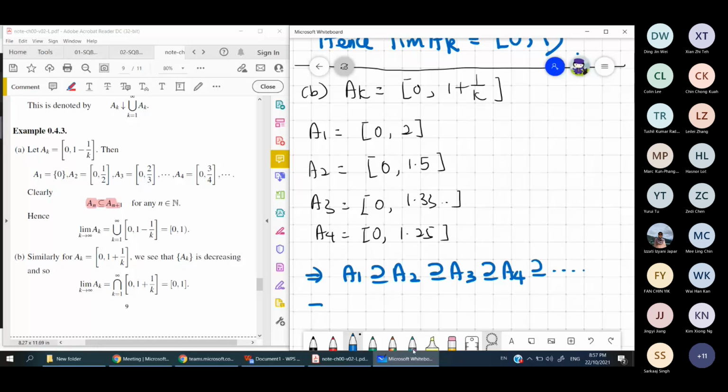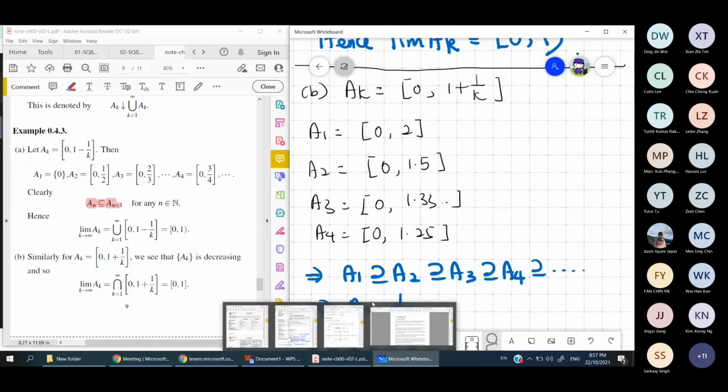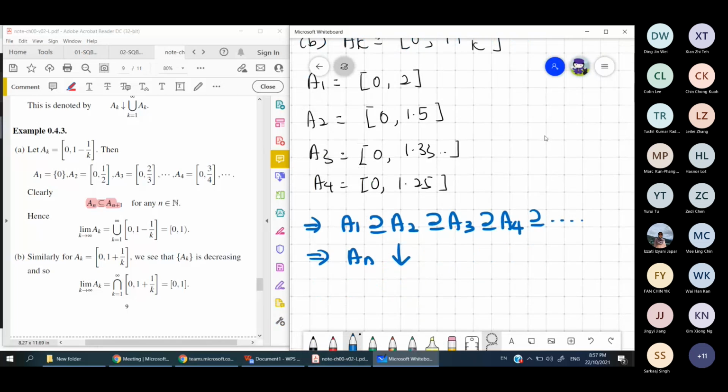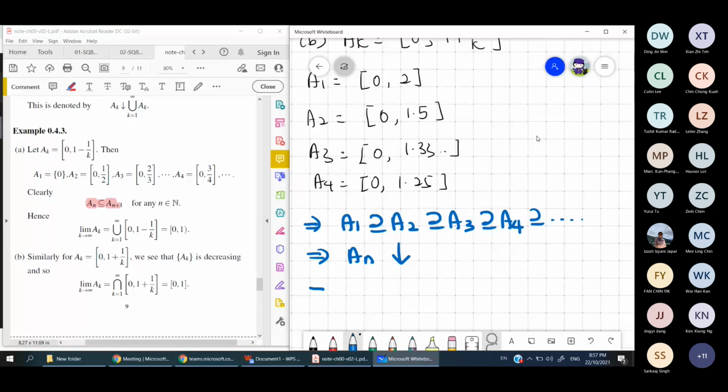Which means AK is a decreasing sequence. When this is a decreasing sequence, we can directly compute the limit of AK by just taking the intersection of all the AK. If you take the intersection, in this case, it will be 0 to 1.